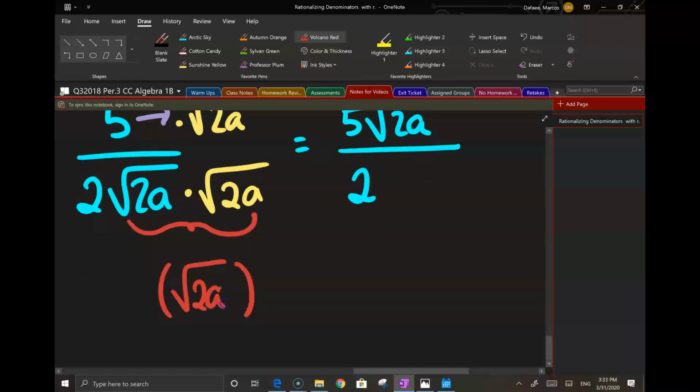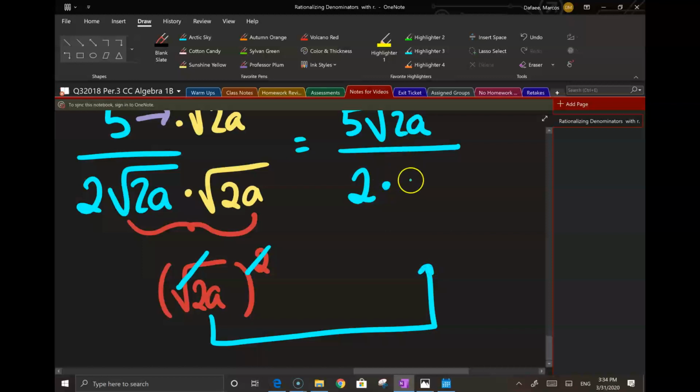So radical 2a, I have 2 of them, right? That's what this power is for, 2 of whatever's inside. So I have 2 radical 2a's. And as I said before, whenever a radical or a square root meets a square, they cancel out, and whatever's inside just comes right out. So I'm going to bring that one over there, and I'm going to multiply it to the 2 that's already there this whole time, like that.